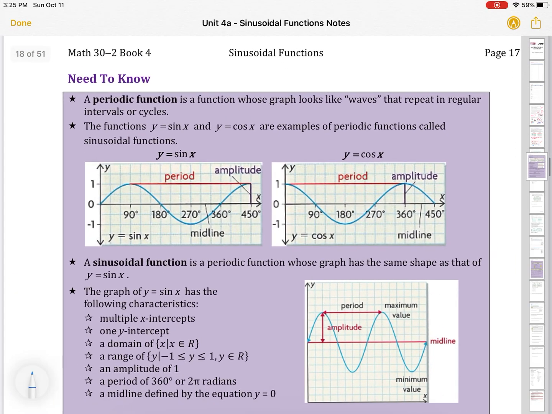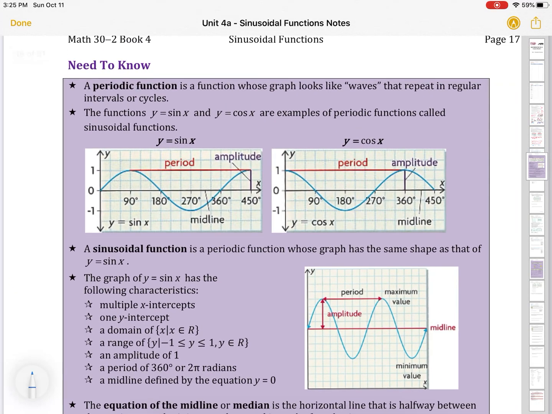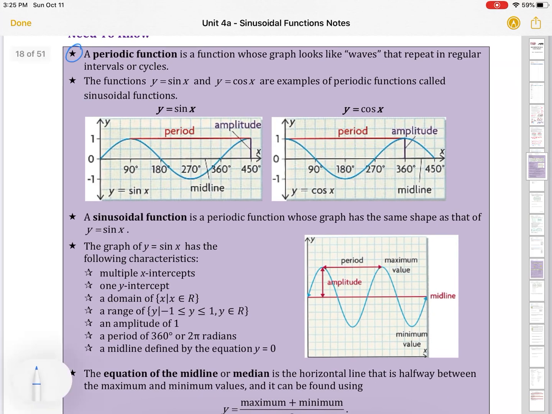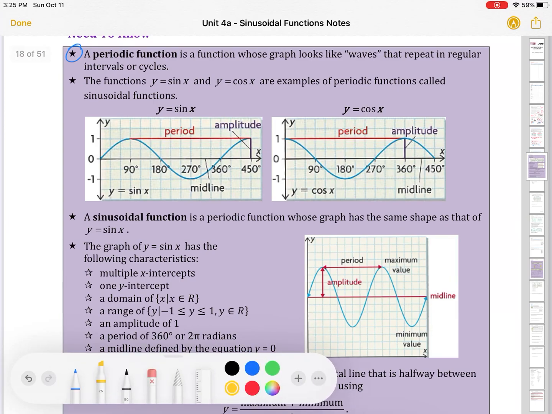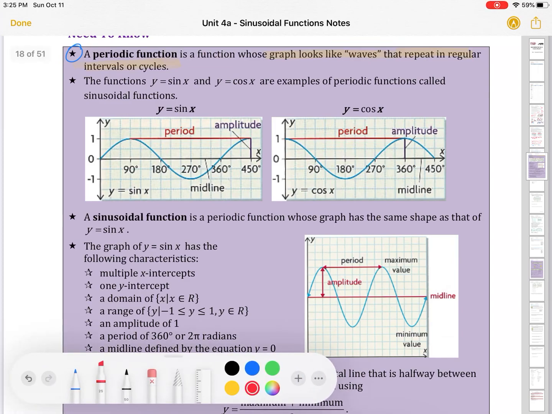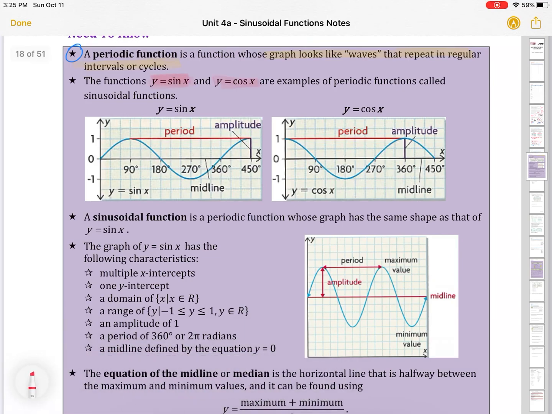Now, we've got lots in the need to know. We took in a lot of information today. This is actually a whole big page. So we're dealing with periodic functions, right? It's a function whose graph looks like waves that repeat in regular intervals or cycles. And we're looking at the graphs of y equals sine x and y equals cos x, most particularly sine x.